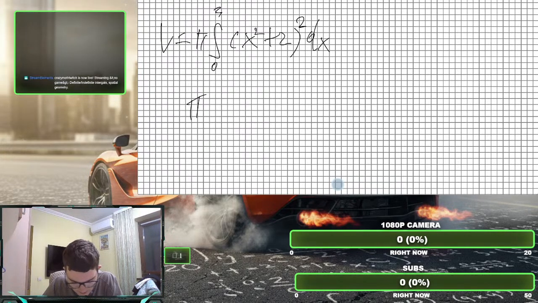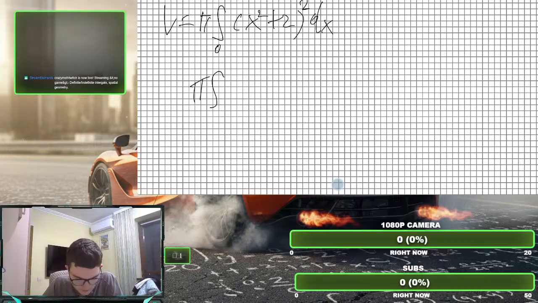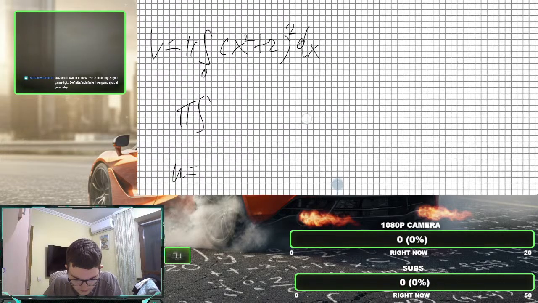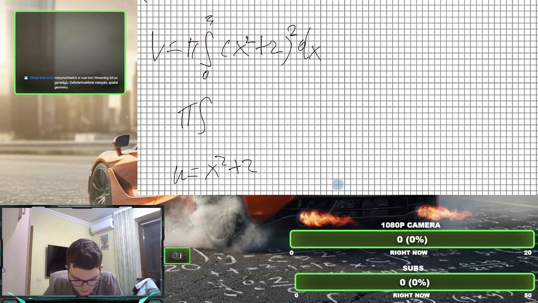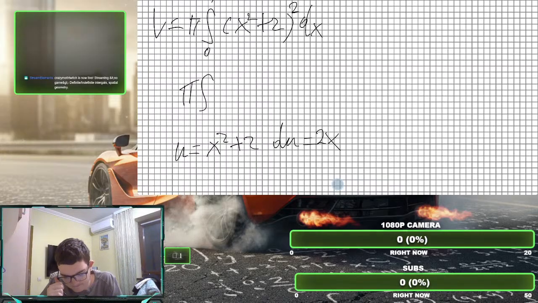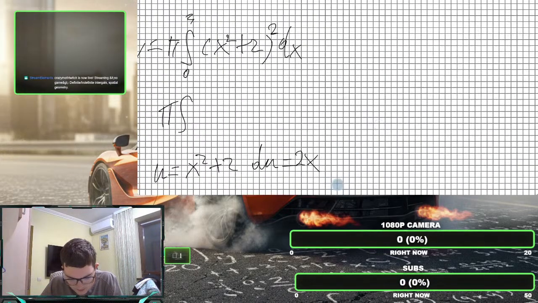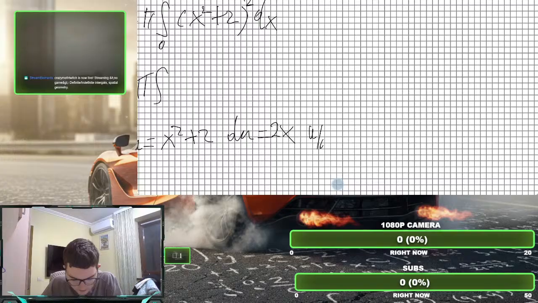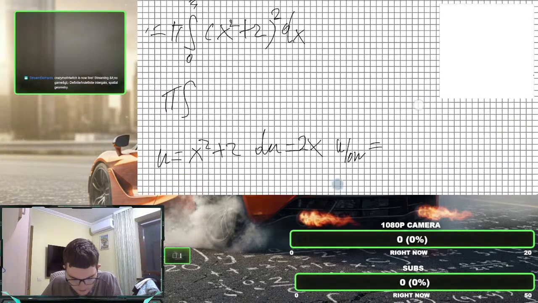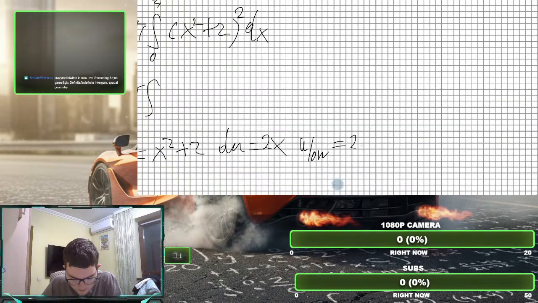It's going to be pi. And there's u substitution, right? You're going to do your substitution and that's it, right? u is equal to this, and du is going to be 2x. And now you just change with values of a definite integral. Lower is going to be 2.